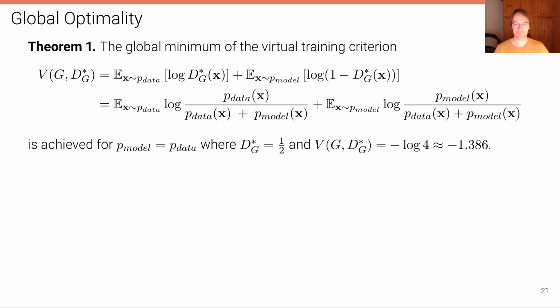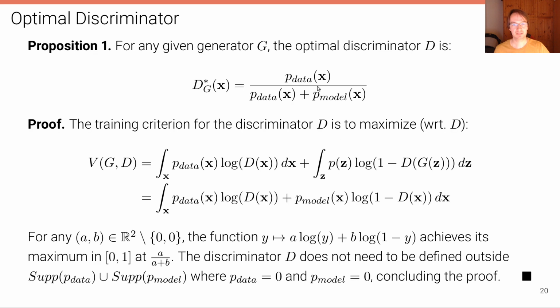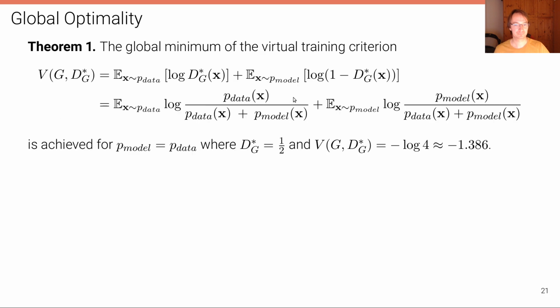Why is that? Well, first of all, if the model distribution and the data distribution are the same, then this expression here is clearly 1/2, right? So we have A over A plus A is 1/2. So this is clearly true if this is true.